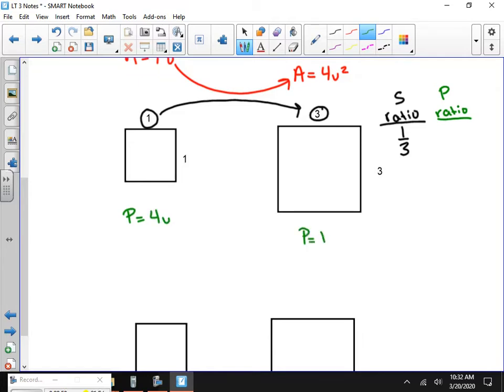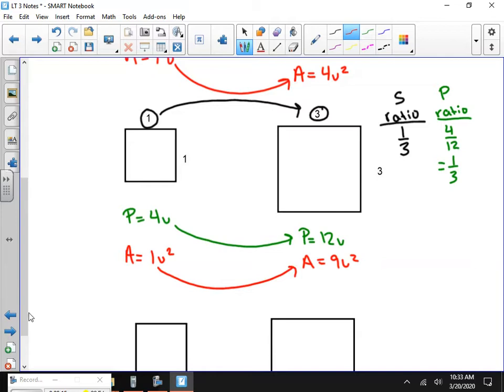So from 4 to 12, if I reduce that, it is 1/3. Then I'm going to do the ratio of the area. The area here is still 1 unit. The area here is 3 times 3, which is 9 units squared. If I go from this shape to that shape, it is 1/9. So the area ratio is 1/9.